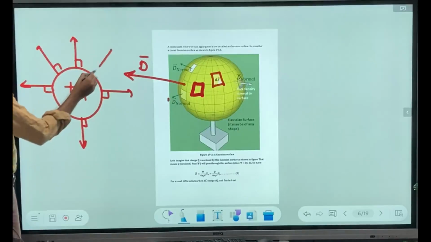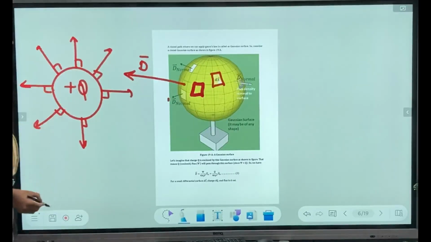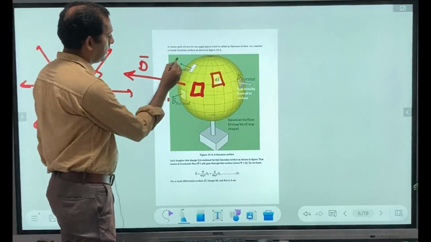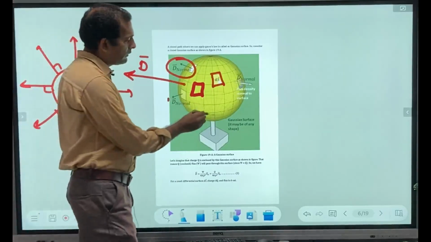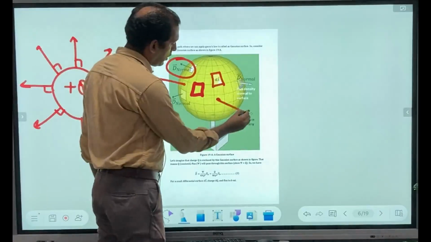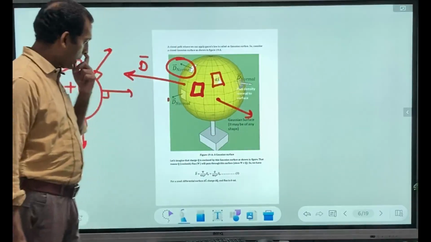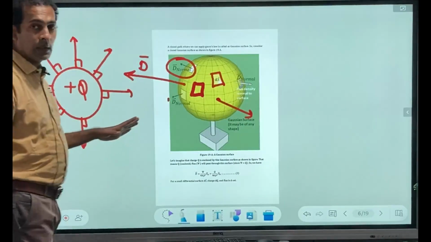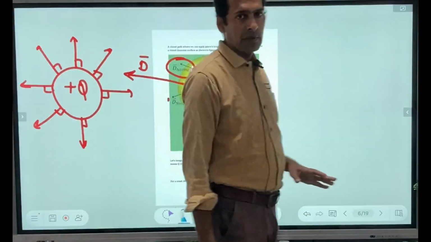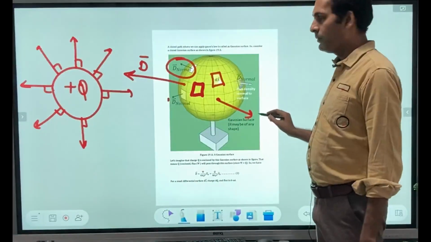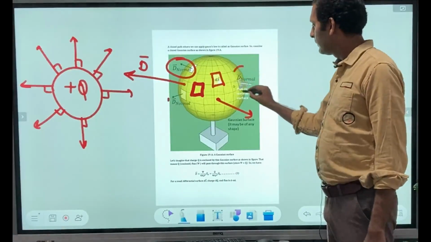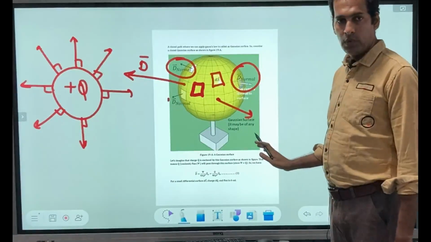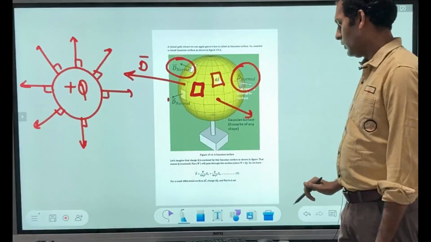Something like this. Now here in this case we are considering D bar as normal, and if we are able to apply Gauss law on this surface, then we will call it as Gaussian surface. This is just some sample example surface. It may have different shape also, different size also.